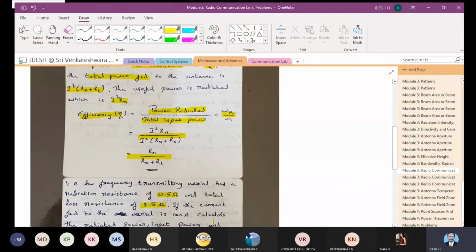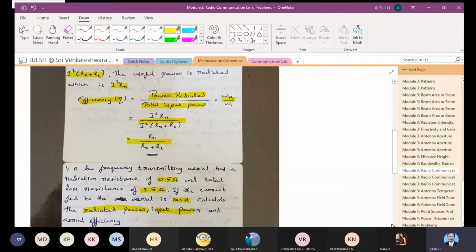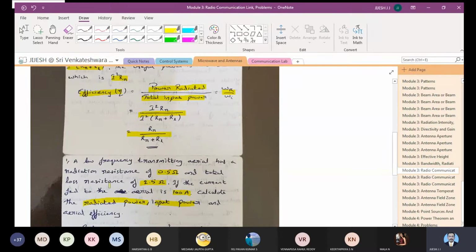If the current fed to the aerial is 100 ampere, you are asked to calculate the radiated power, input power, and efficiency of the aerial. You can try using the equations and solve it. You are given the radiation resistance RR, the loss resistance RL, and the current of 100 ampere.